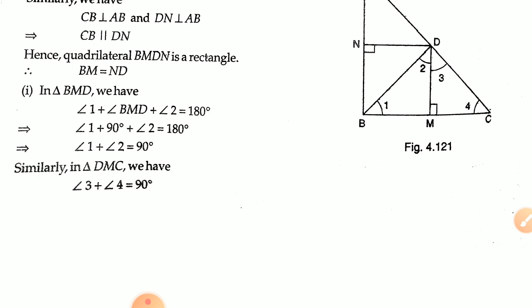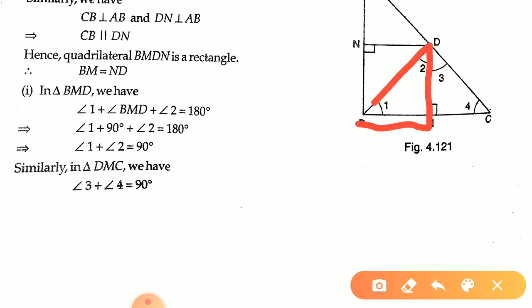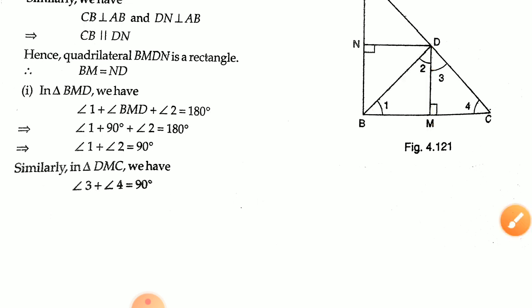In triangle BMD, angle 1 plus angle BMD plus angle 2 is equal to 180 degrees. Why?